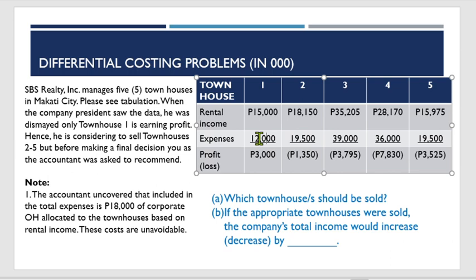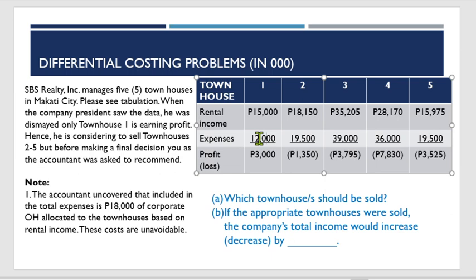So what you need to do here is separate avoidable and unavoidable costs to make it easier to identify which townhouses to close. You cannot include in the computation the 18 million corporate overhead allocated, which is unavoidable, because it will continue anyway.